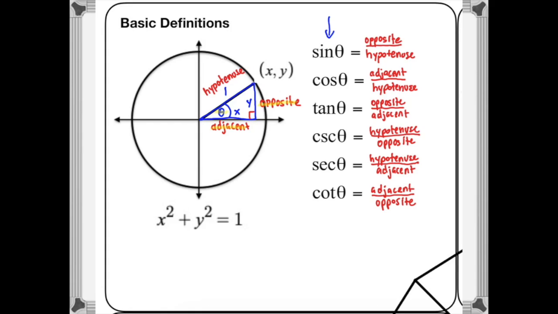When we started to line things up, we also noted that any point on the unit circle is x comma y, and the side that goes horizontally to meet the x value is x, and the side that goes vertically to meet the y value is y. And to make it a unit circle, its hypotenuse is 1.